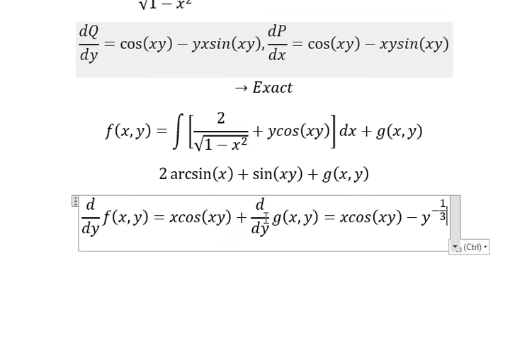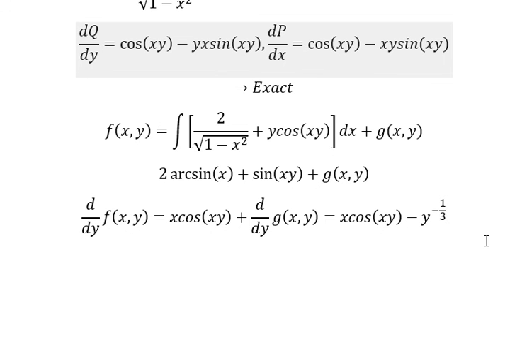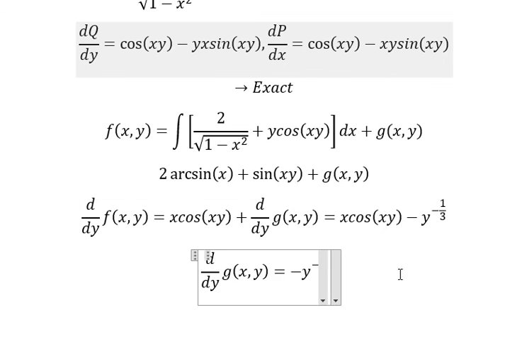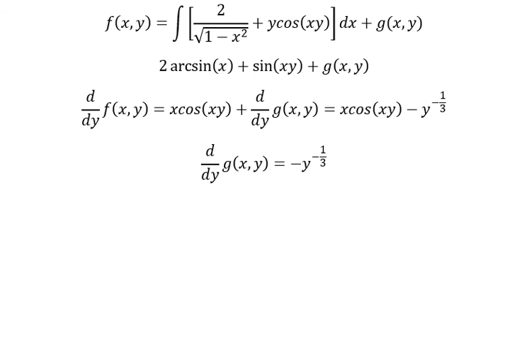Now we simplify for both sides and you got about negative y to the power of negative 1 over 3. Later that we put the integration for both sides.